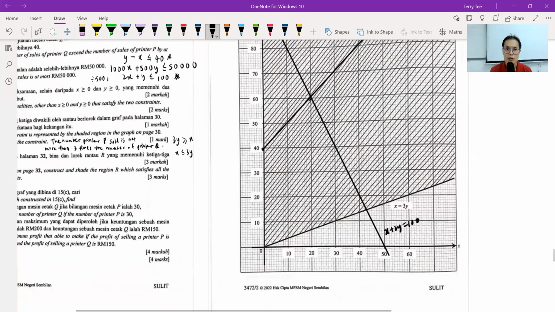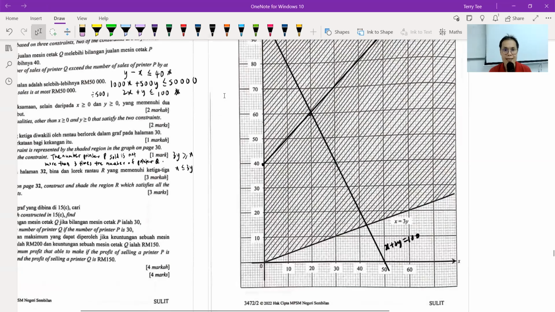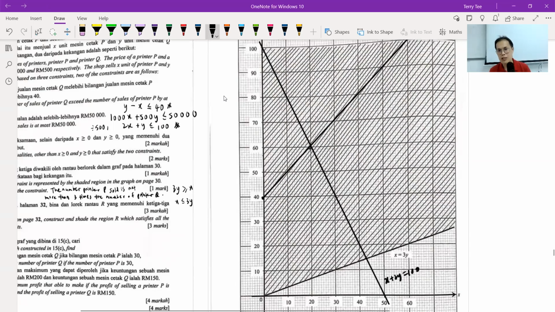Okay, now let's go back to your region. You're supposed to shade the region. Your inequality earlier is y minus x less than or equal to 40. Since they shaded this earlier, I'm going to use a highlighter, easier to see. Your y minus x must be less than or equal to 40, so it is below here.